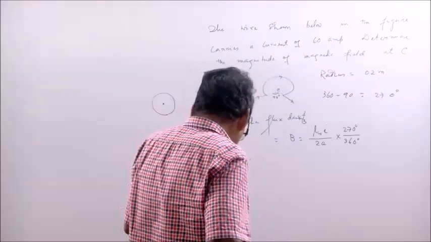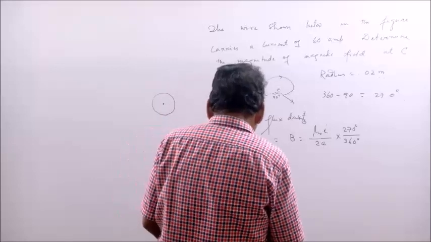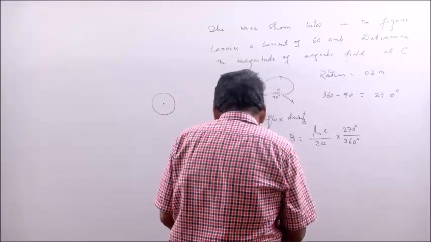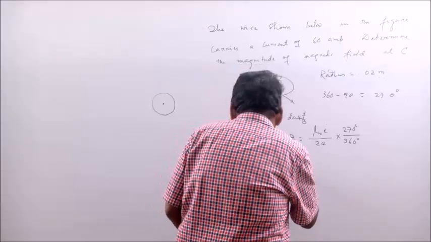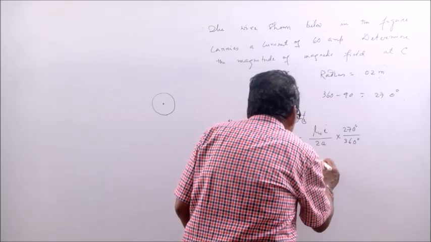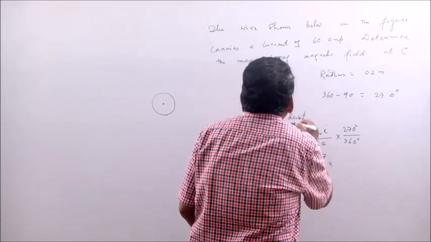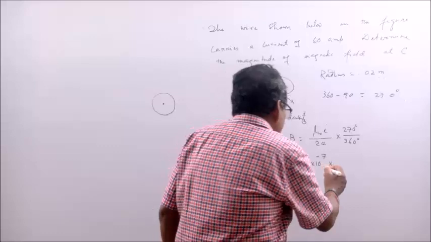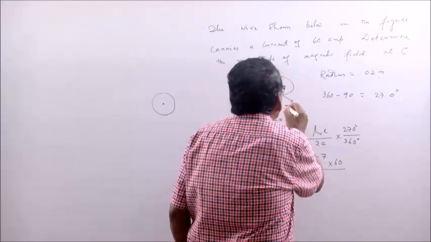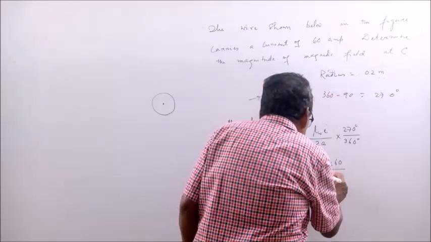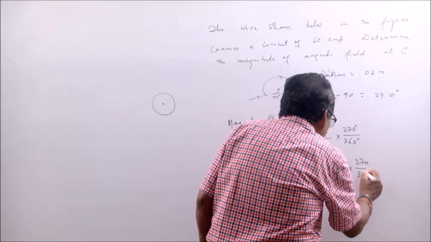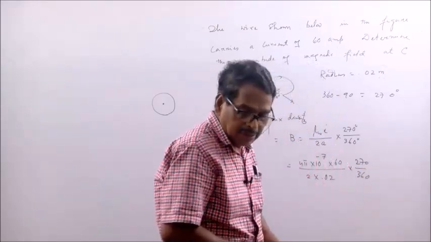How to do that? Mu 0 I by 2A, put in the values. The value of mu 0 is 4 pi into 10 to the power minus 7, I is given as 60, 2A is 2 into 0.02, into 270 by 360.